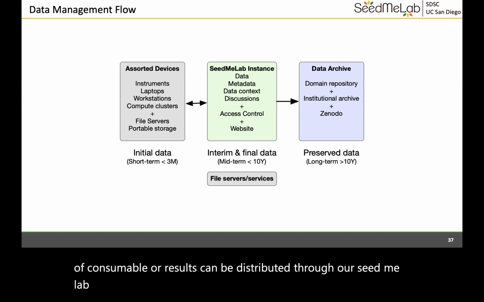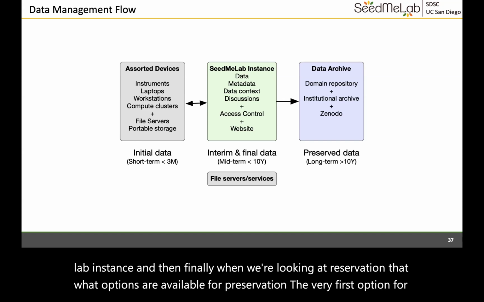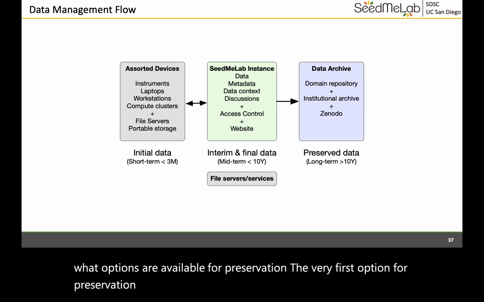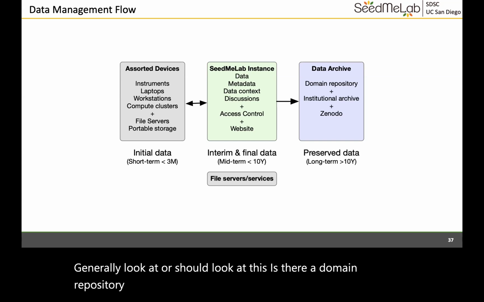instance. And then finally, when we are looking at preservation, what options are available? The very first option groups generally look at, or should look at, is whether there is a domain repository available for your research area. If there is one, that's a great place to move that data.